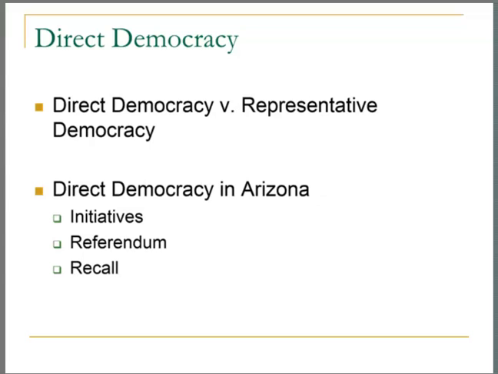Now, the founders of the Arizona Constitution, again informed by their progressive notions, argued that your everyday citizen should have more of a say in their government than representative democracy normally allows for. Recall that the territorial governors were carpetbaggers appointed as friends of the president, not people who actually lived here.